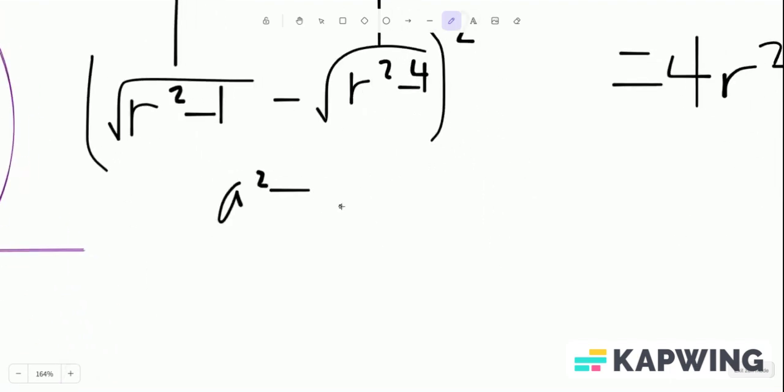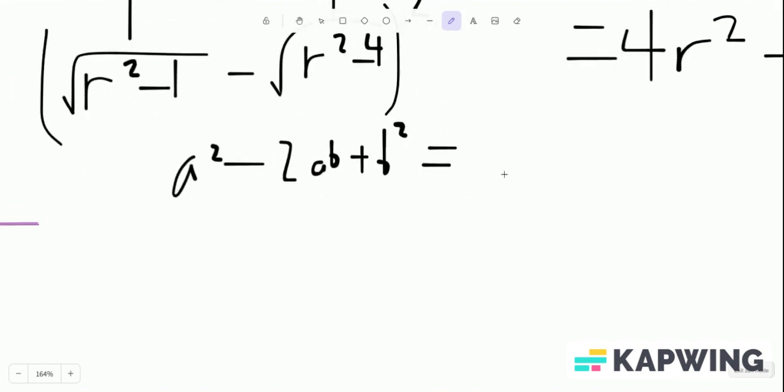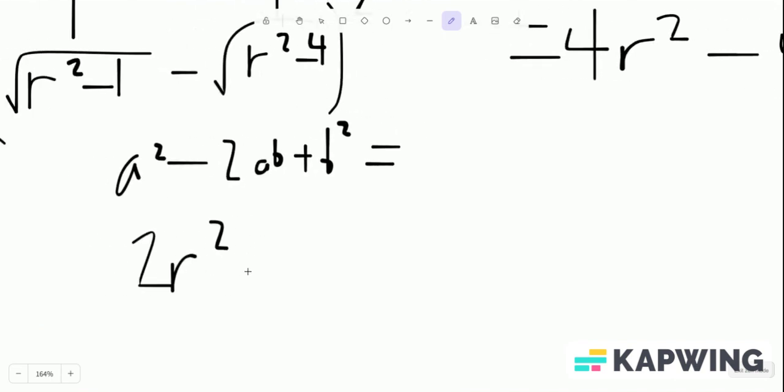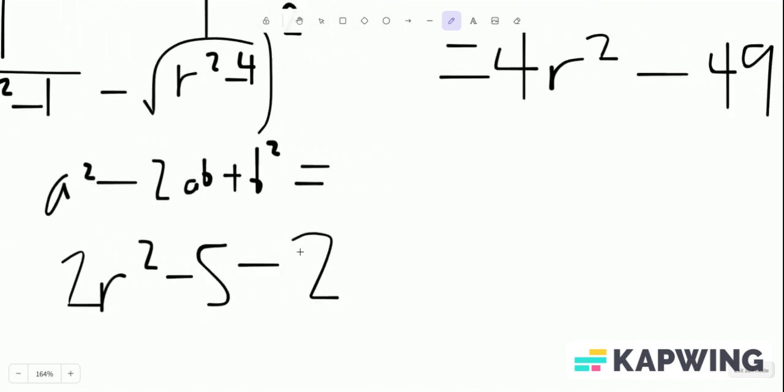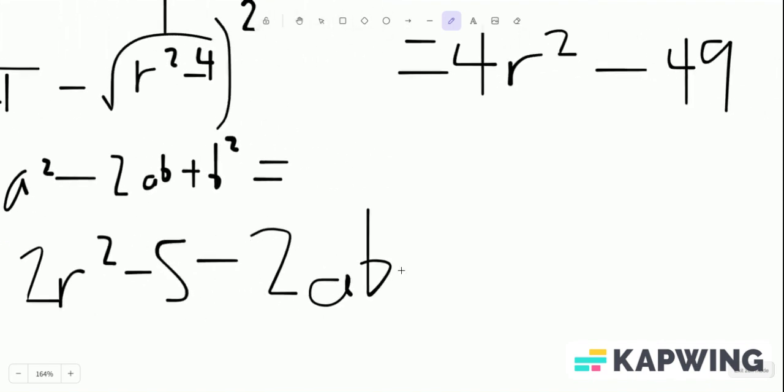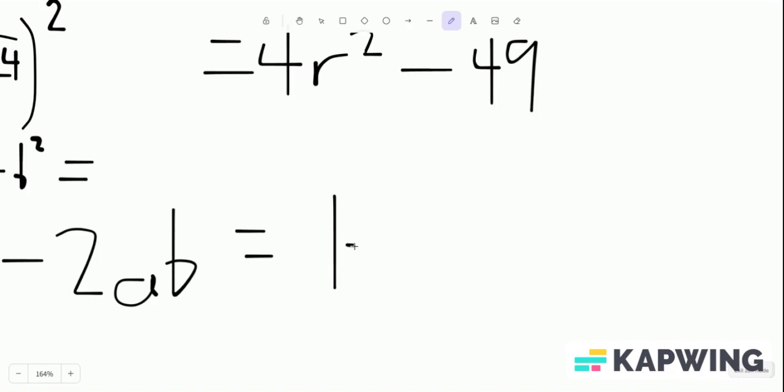Then a squared minus 2ab plus b squared equals, if you sum inside the radicals, we get this minus 2ab, I'll leave it like that, equals 4r squared minus 49.